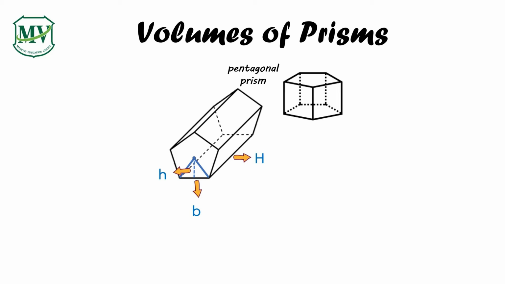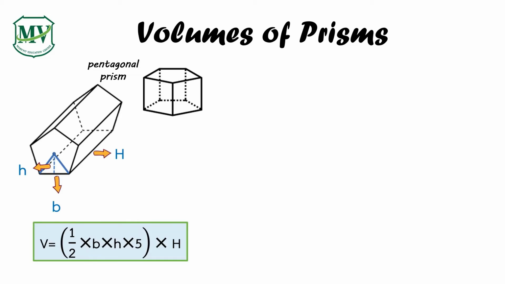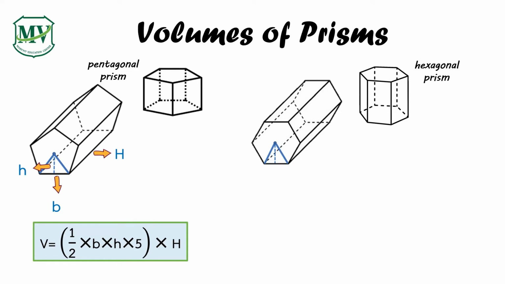We could form here 5 small triangles since it is a pentagonal prism, and a pentagon has 5 sides. We could use it in the formula to find the volume, which is V is equal to the quantity of 1 over 2 times small letter b times small letter h times 5 times big letter H.